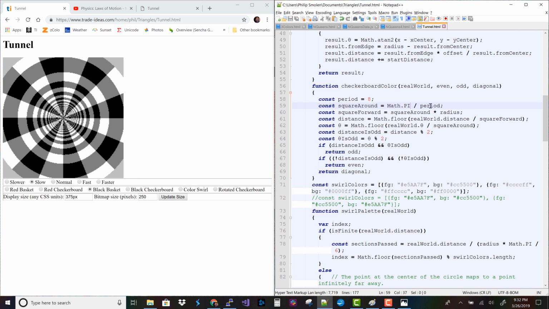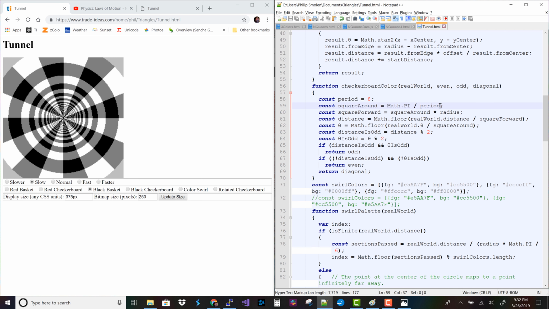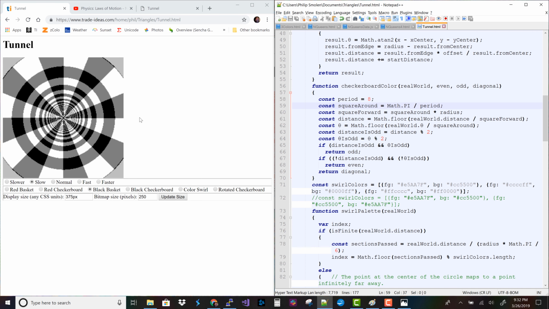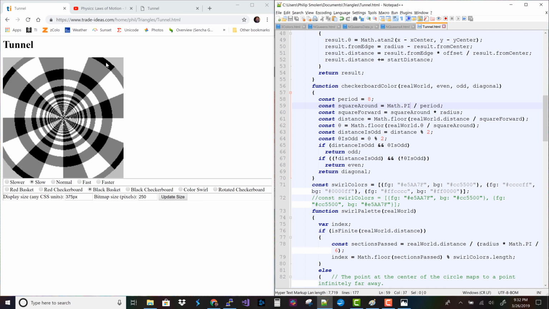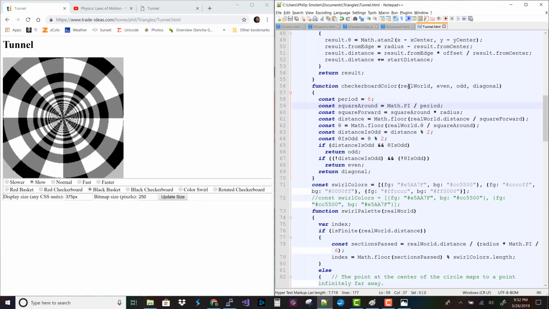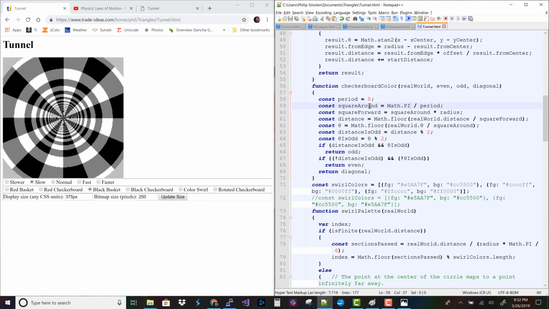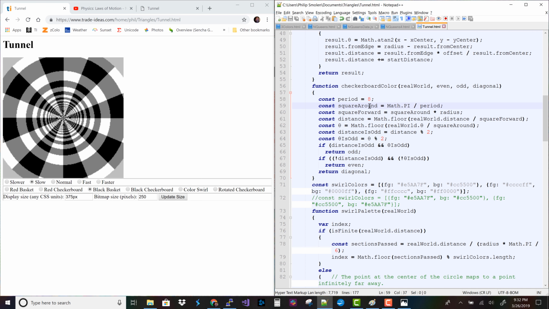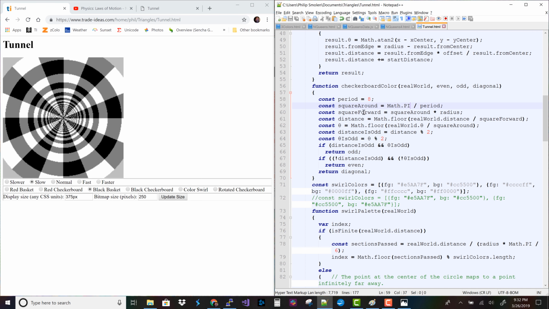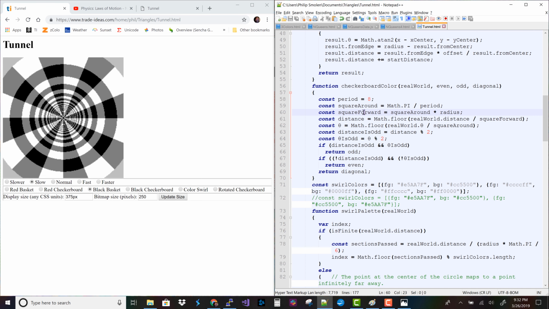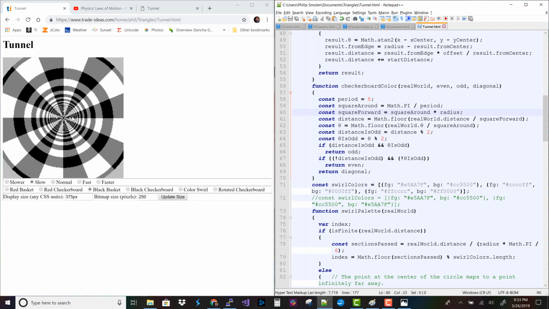And you work out the math. It becomes pi divided by the period. So that's how many units you have to go around. Remember the theta that's going to come in here from the real world? That's what we're looking at. And we're saying the first this many units are black, and then the next that many units are white. And now we try to do the same thing going forward, again on this length dimension.